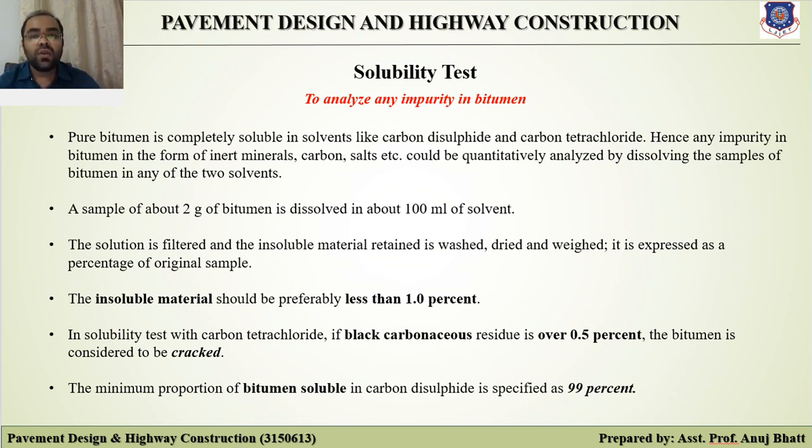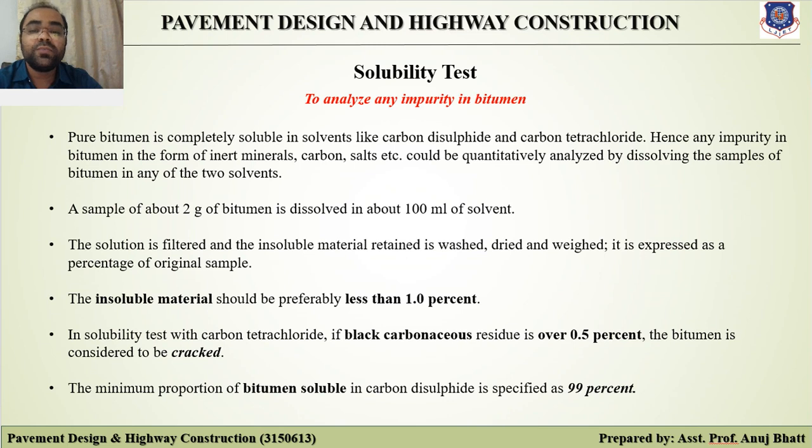For the solubility test, a sample of about 2 grams of bitumen is dissolved in about 100 ml of solvent. The solution is filtered and the insoluble material retained is washed, dried, and then weighed.